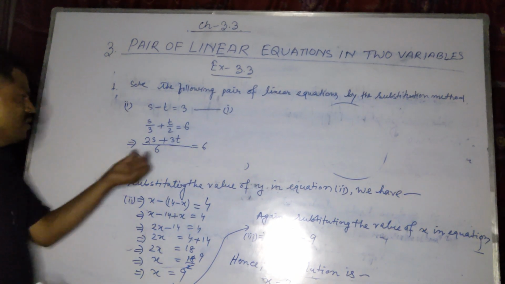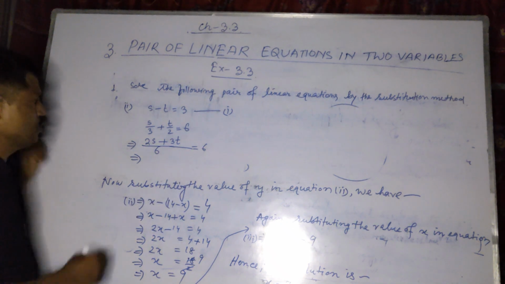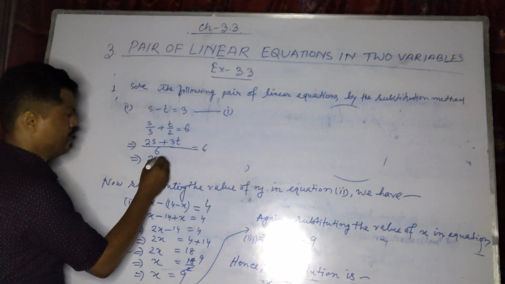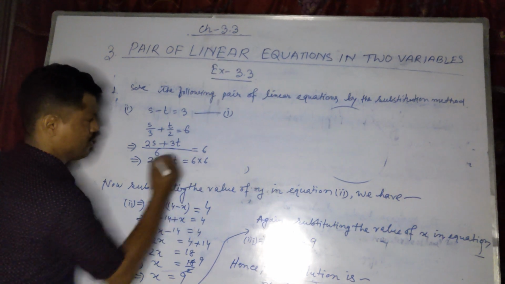So 6 is divided on the left-hand side, it will be multiplied on the right-hand side. So we can write this: 2s plus 3t is equal to 6 into 6.